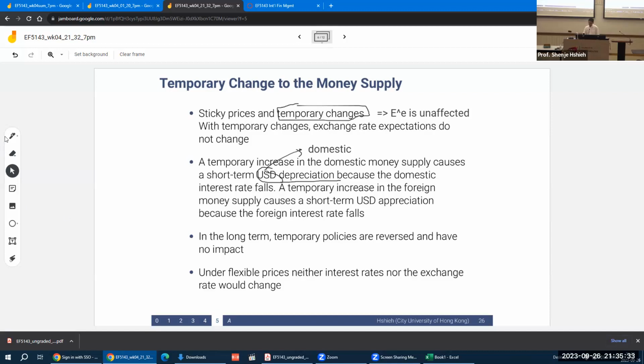In the long term, by the phrasing we're using, anything temporary doesn't last, every policy change is reversed, and therefore no impact on E. But when we have flexible prices, even short-term changes won't have any impact. So you need the sticky prices to have any sort of effect.